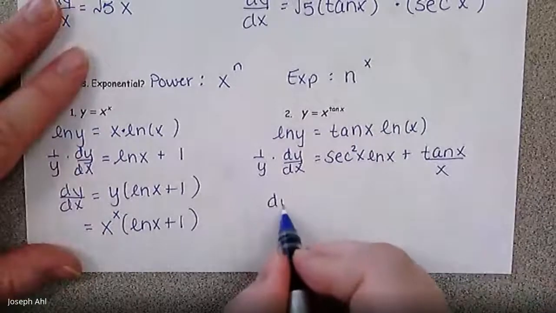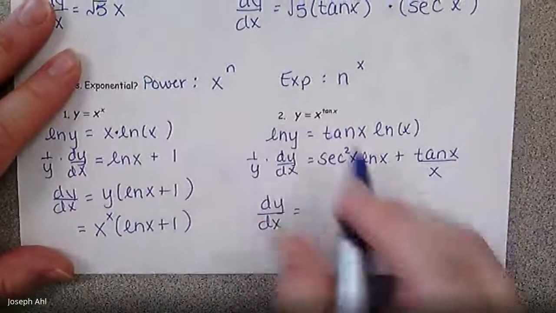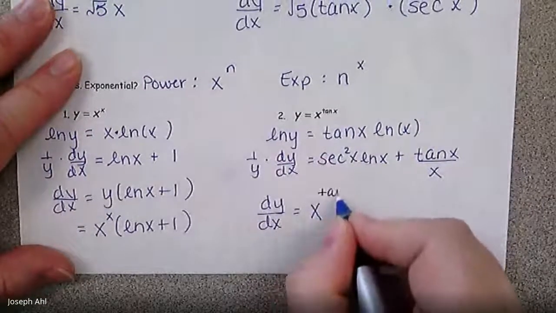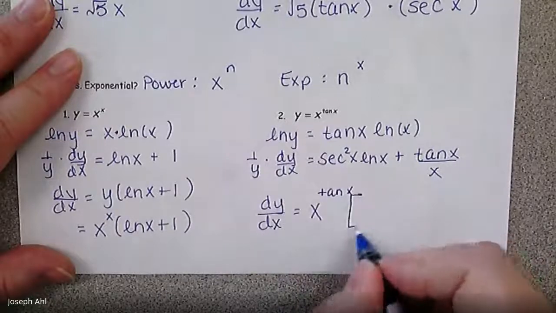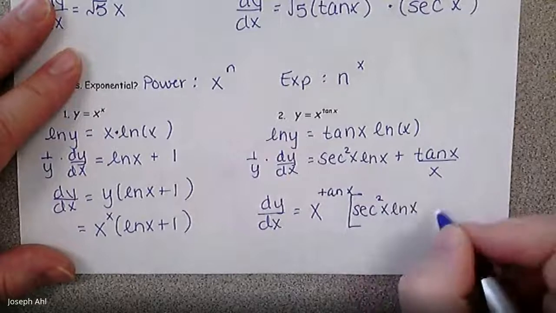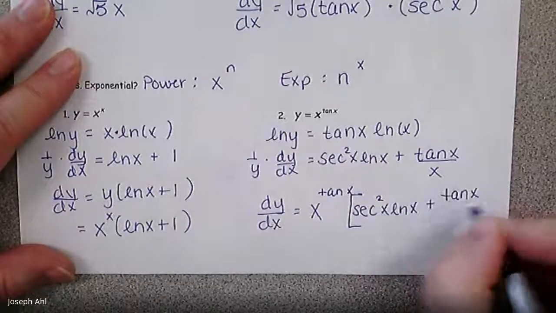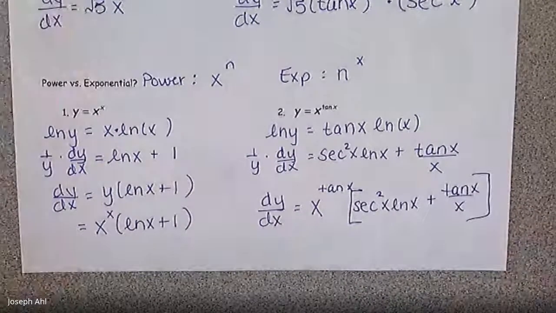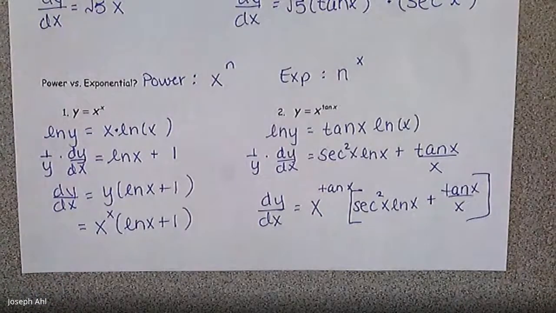And then when I multiply the y over, dy dx would equal x to the tan x, I'll make that replacement right away, times secant squared x ln x plus tan x over x.